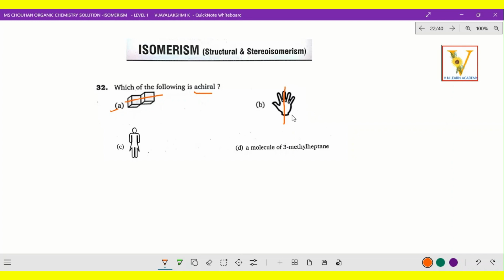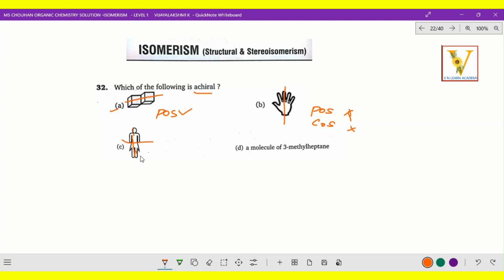It is chiral, because why do we say it's chiral? Different groups or atoms are attached to that carbon, so different fingers are attached to that hand, that is why we can say it's chiral, right? And POS, COS will be absent, but here POS is there, right? Now the human body also, what do you think in this human body?